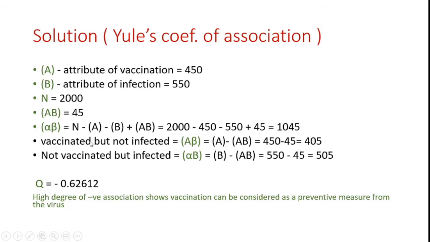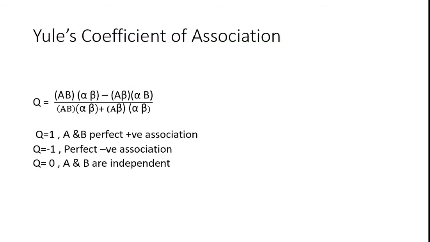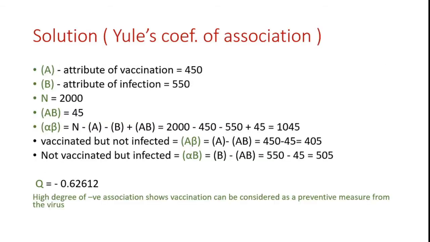Now we derived, if you see the formula, we need to find AB, alpha beta, A beta, alpha B. So all these values we found out and we put it in the Yule's coefficient of association, and the value comes out to be negative 0.62612.